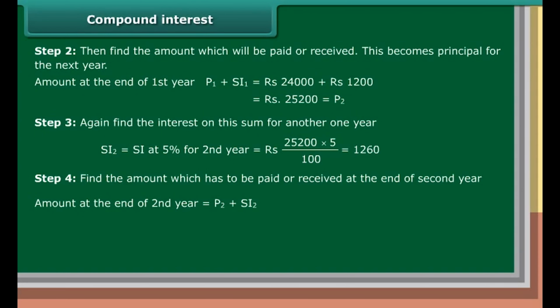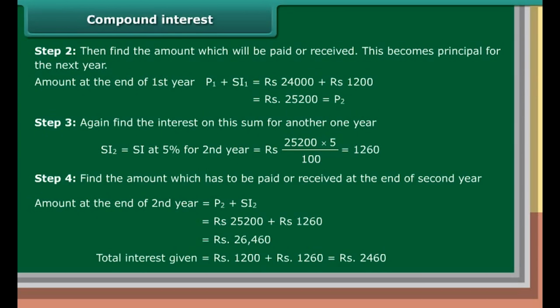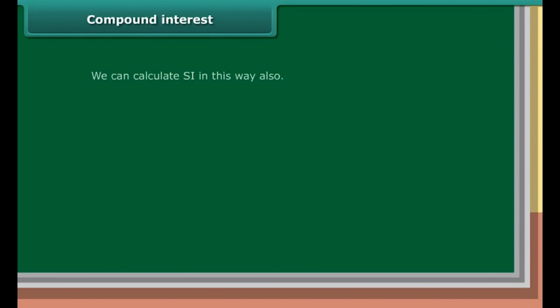Amount at the end of the second year is equal to P2 plus SI2, which is rupees 25,200 plus rupees 1,260, which is equal to rupees 26,460. Total interest given is equal to rupees 1,200 plus rupees 1,260, which is equal to rupees 2,460.